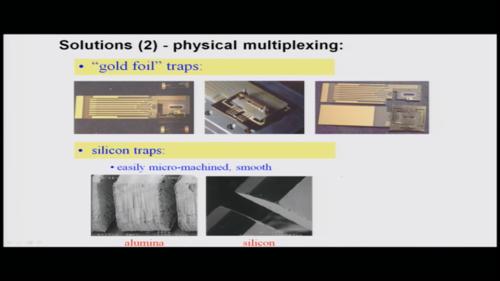So, this is how it looks when you are looking at these physical multiplexing objects. They can utilize gold traps, silicon traps, and solid state devices, alumina, silicon, and this is how they have been made to go forward.